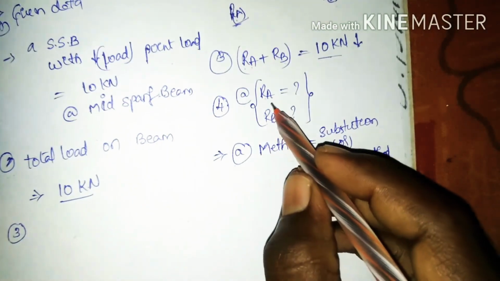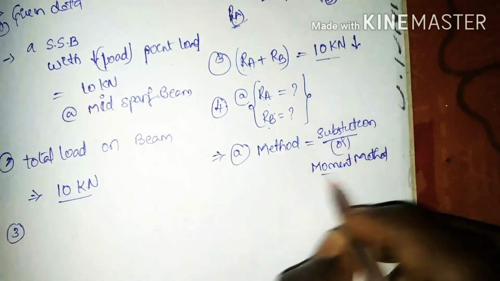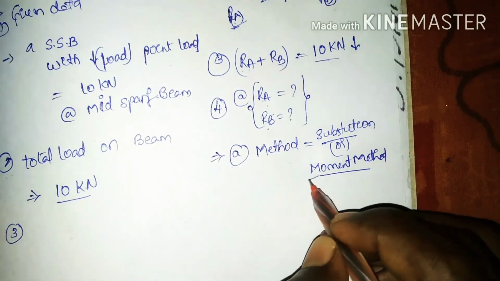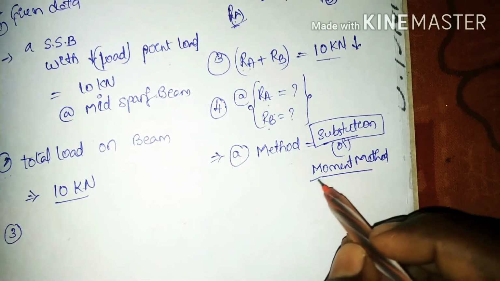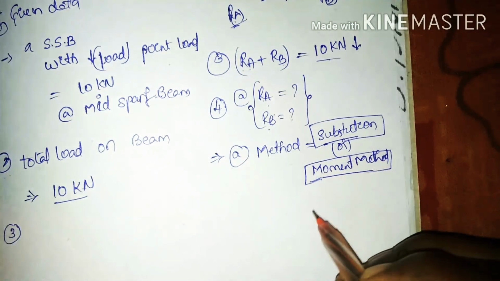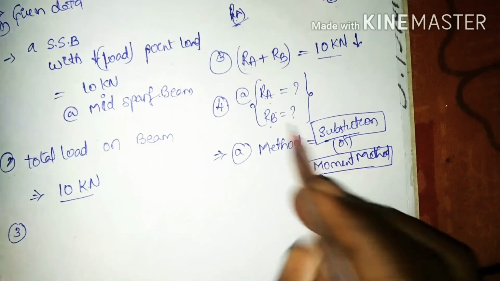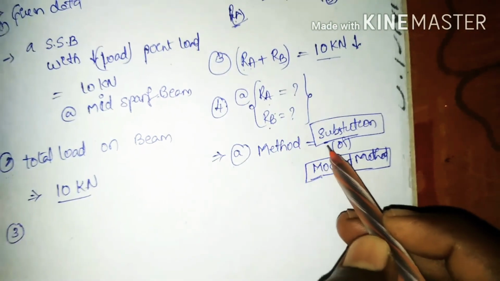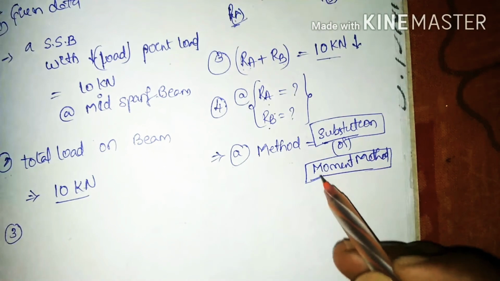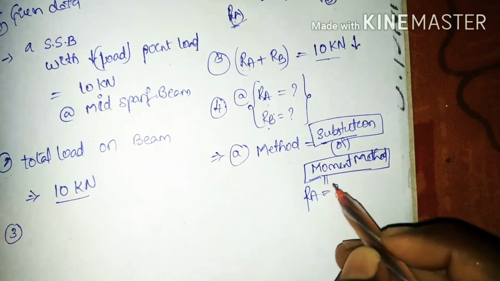I am going to take any one of the methods. Here we don't know the value of RA, so we are not using the substitution method. To find the RA value, we are going to use the moment method.